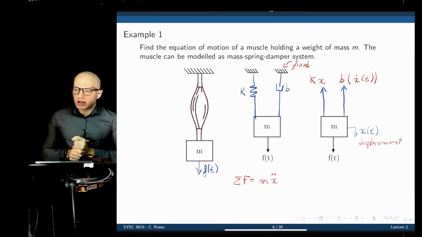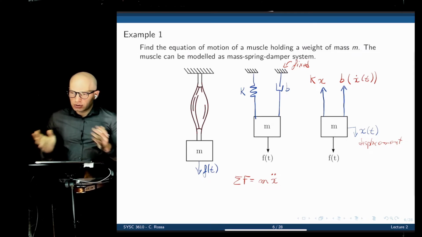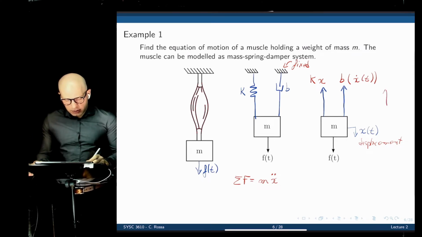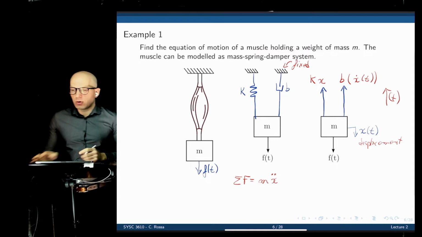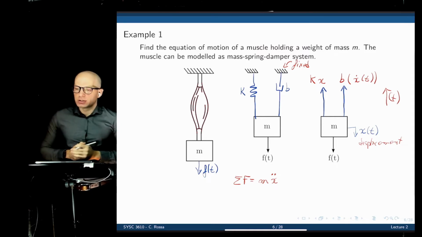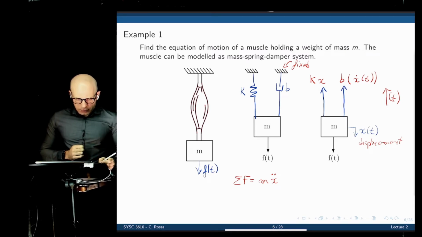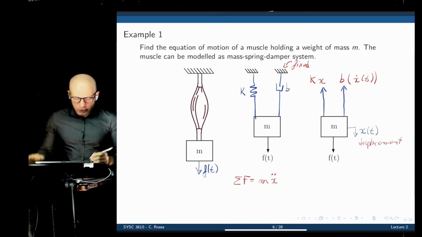Now we need to define a positive direction. Let's assume that the positive direction is pointing upwards, so all forces pointing upwards are positive. We could do it the other way. Let's do downwards because that goes along the acceleration.